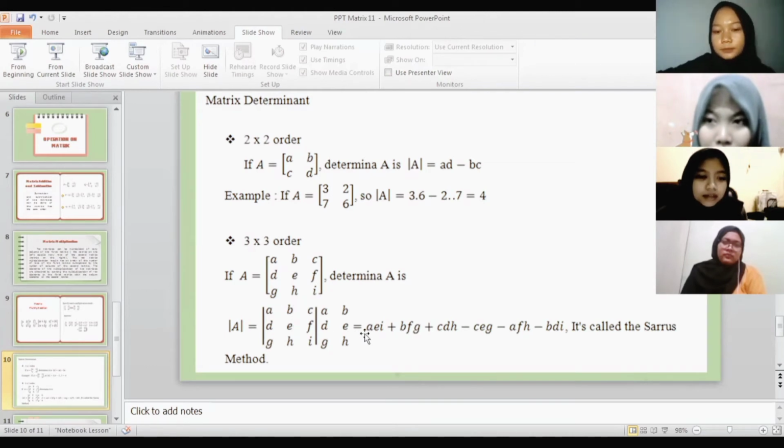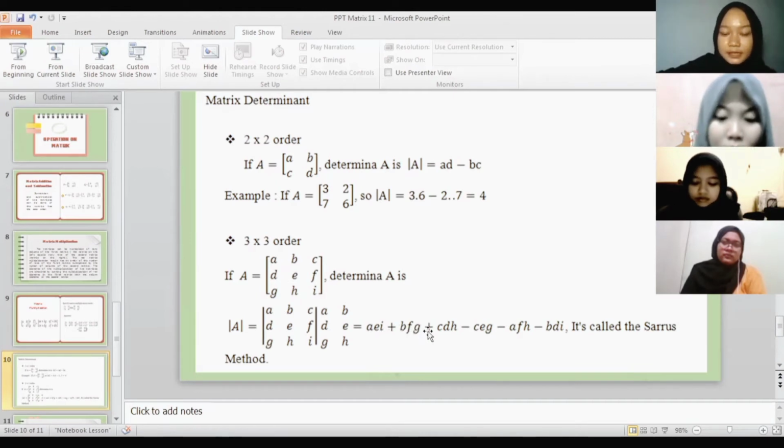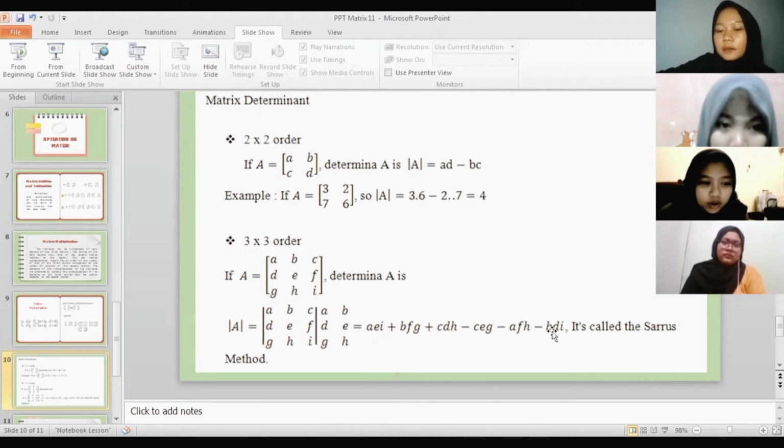Equals A times E times I plus B times F times G plus C times D times H minus C times E times G minus A times F times H minus B times D times I. Like this. And it's called the Sarrus method.